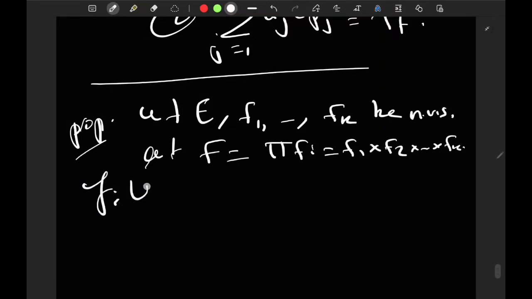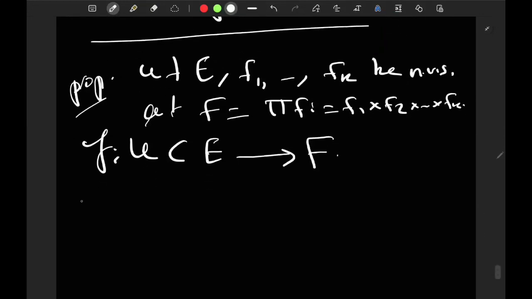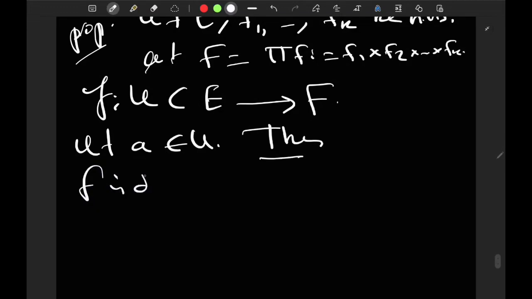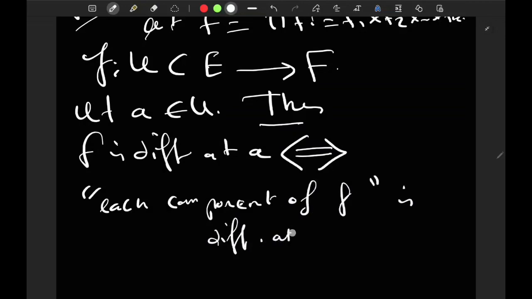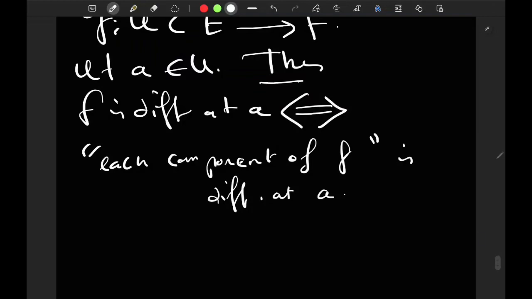And let f be a map from an open subset U inside E into big F, and let a belong to U. Then f is differentiable at a if and only if each component of f, quote unquote, because I need to define this, is differentiable at the point a itself.